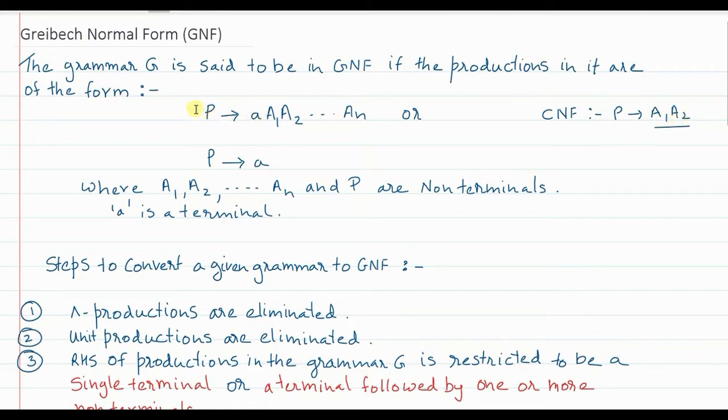Whereas in GNF, on the right hand side it is a combination of terminal and non-terminals, which is not happening in CNF. So on the right hand side in GNF it should start with a single terminal followed by n number of non-terminals, or if there is a single terminal on the right hand side, then also it is in GNF. That's the meaning of it.